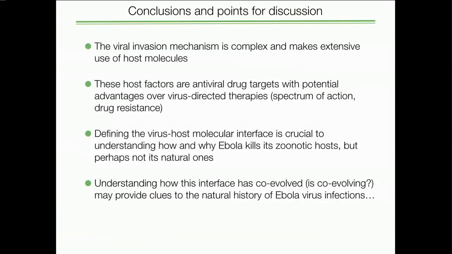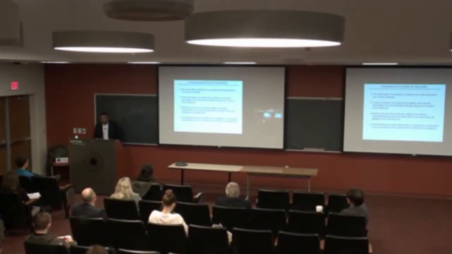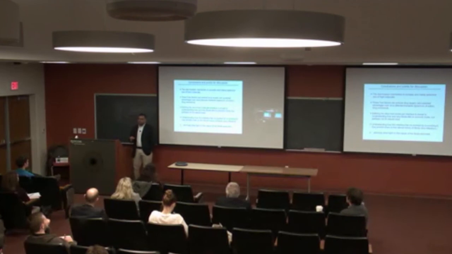And then understanding how this interface has co-evolved in evolutionary time and is continuing to co-evolve potentially could help us learn something about the natural history of these viruses, which remain enigmatic, and may help us to figure out what the reservoirs are, because in principle, one molecular signature of the reservoir could be that specific genes that are in contact with Ebola, that Ebola needs, would be under accelerated evolution, and perhaps NPC1 is the first example of that.